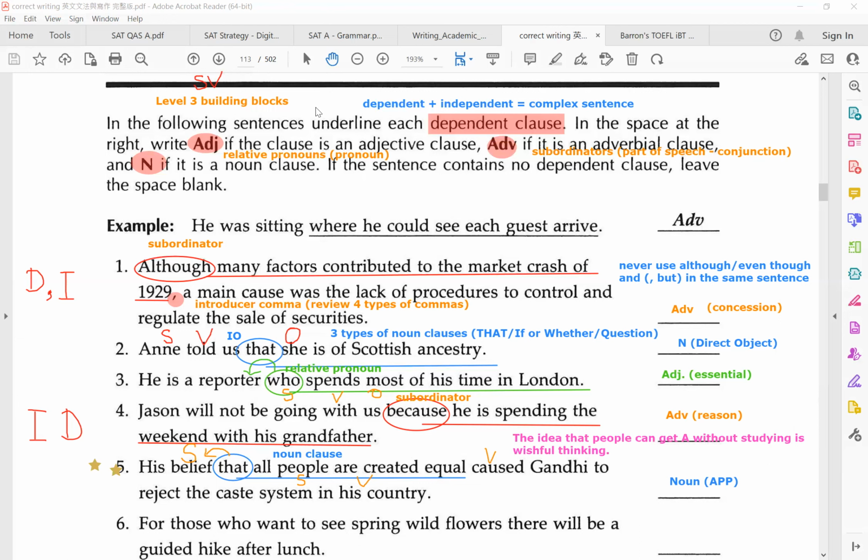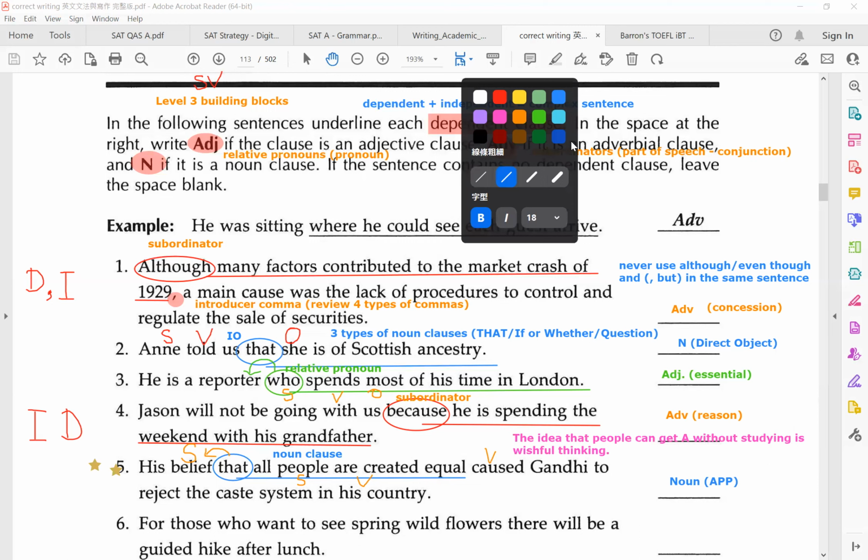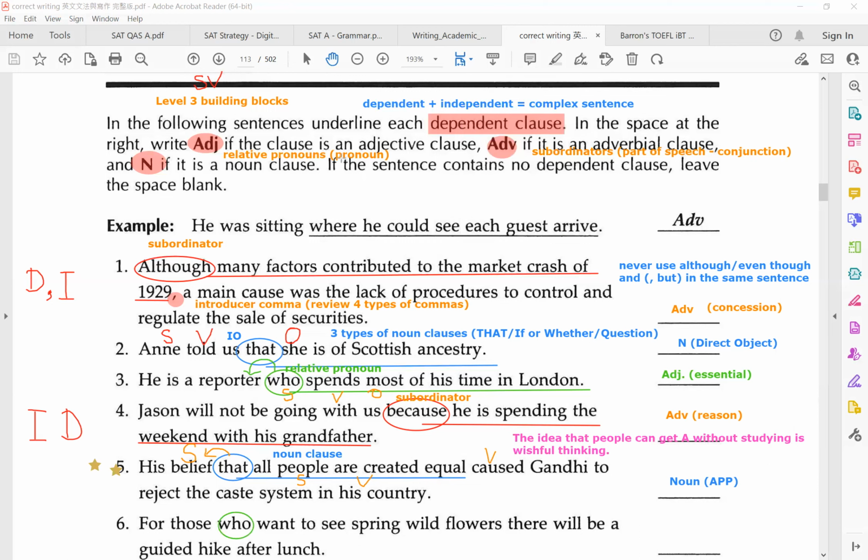For those who, well, whenever you see who, you know, this is like number 3. This is our adjective clause: who want to see spring wildflowers. So this is modifying those, right? And actually there should be a comma here. And what is your independent clause? Remember, there can never be a subject. That is called an expletive.